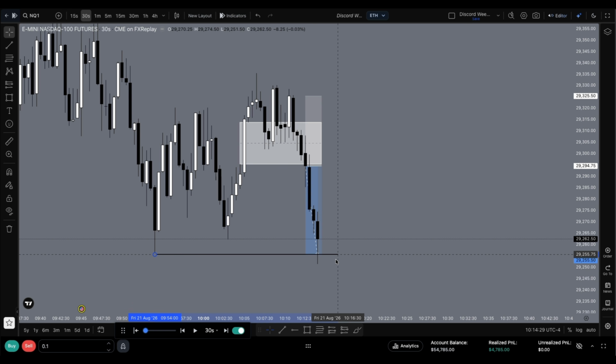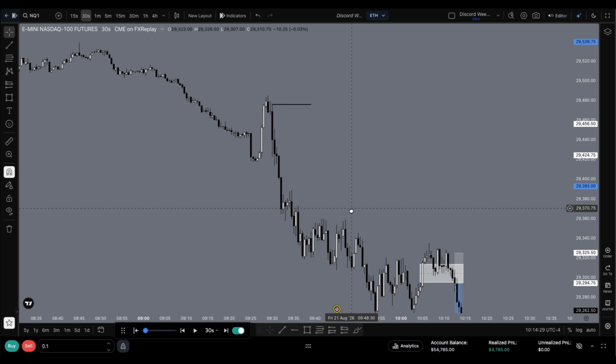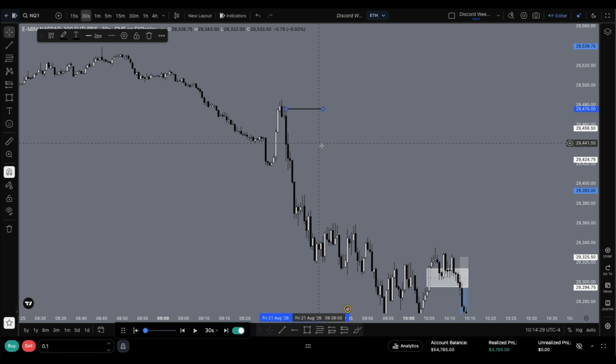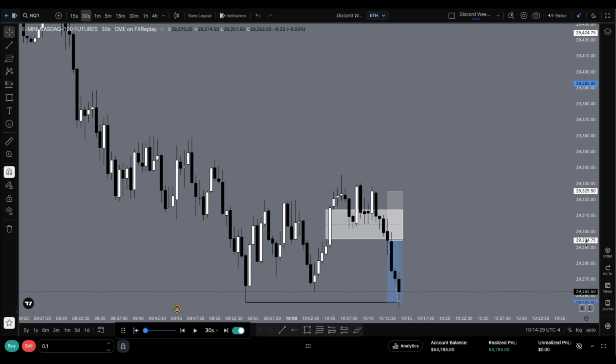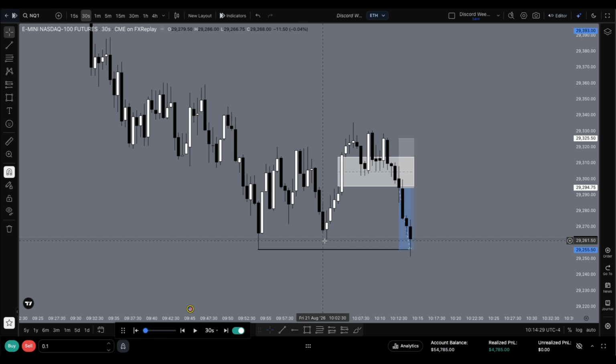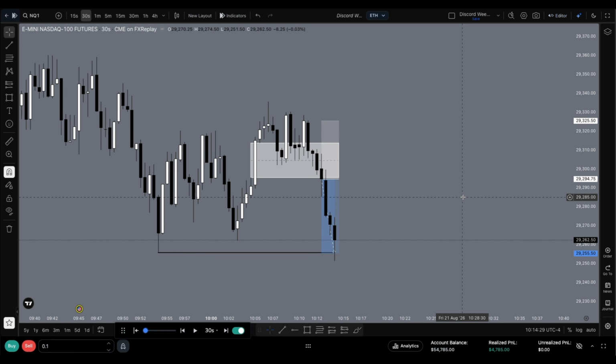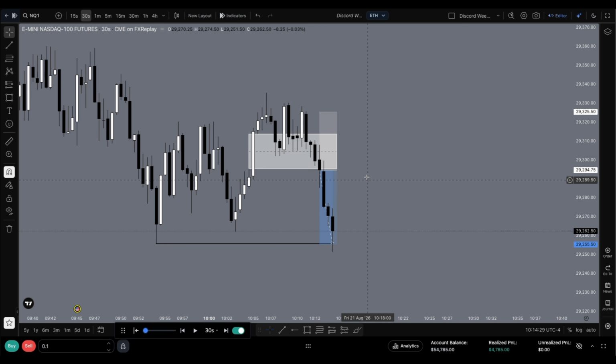So unfortunately, on Friday, I took absolutely nothing. So I fried my last day of getting a payout, because after we edged it here, I was so tired, I just dipped. I left my house, and then I opened my phone on this candle, and I was like, fuck. So that's unlucky for me.